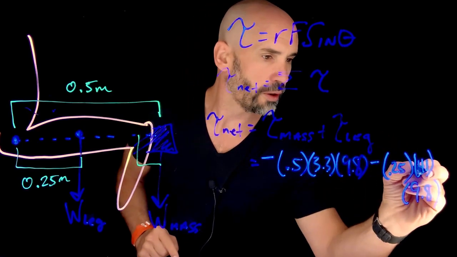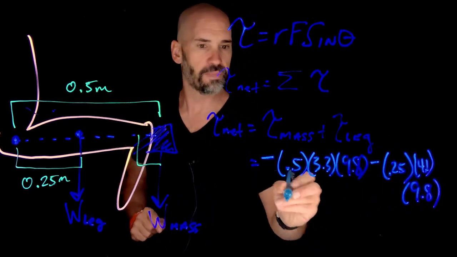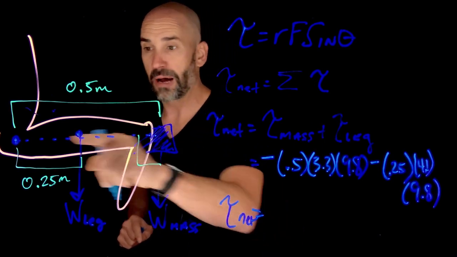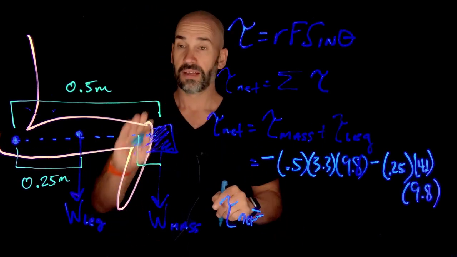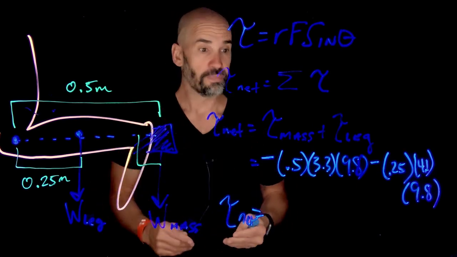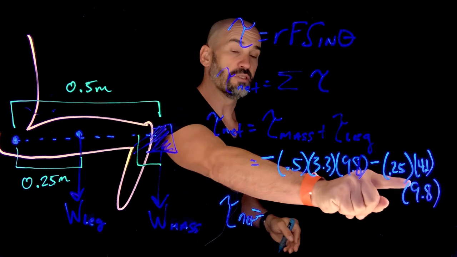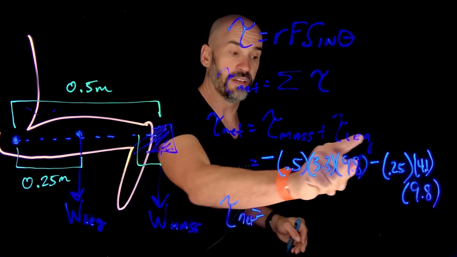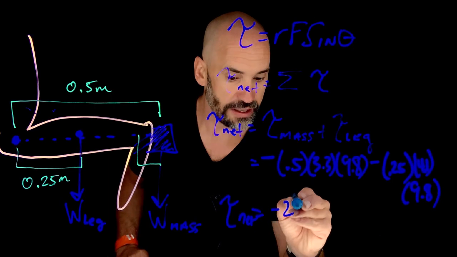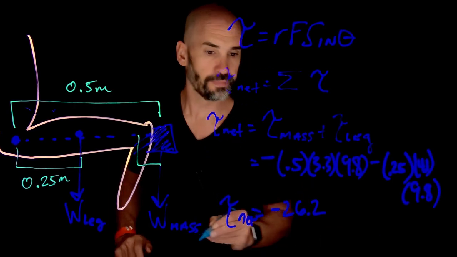So 4.1 times 9.8. And so my net torque about that knee joint experienced by this person with the weight on them is going to be these two things summed, a negative and a negative, for a grand total of negative 26.2.